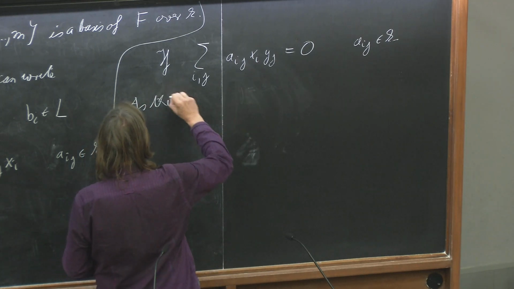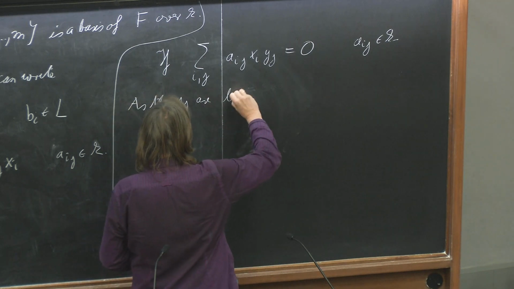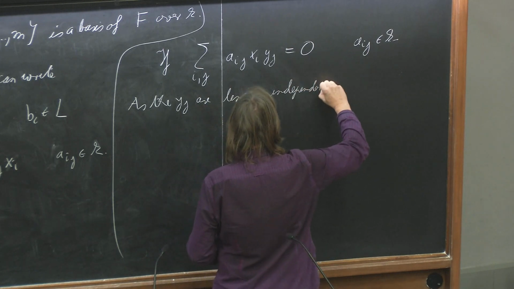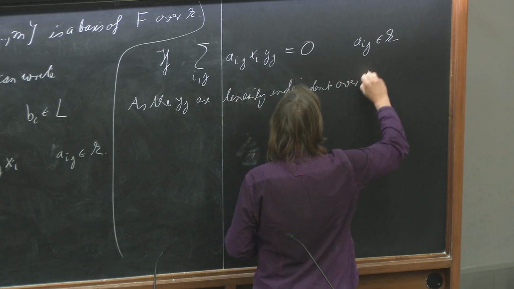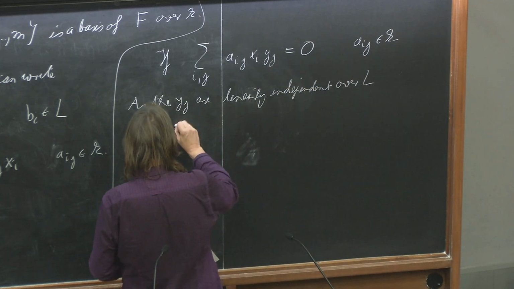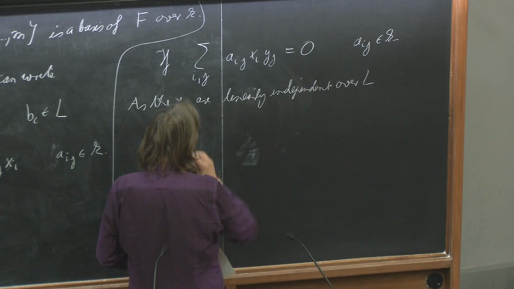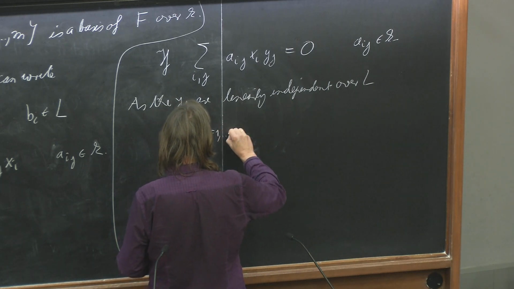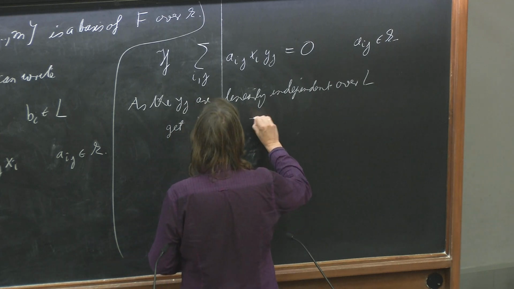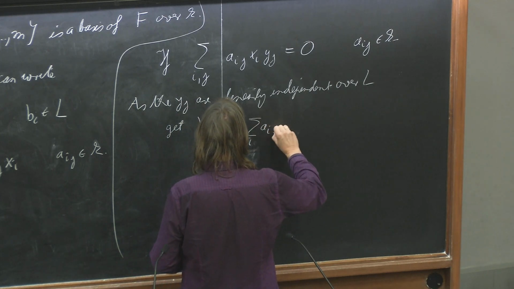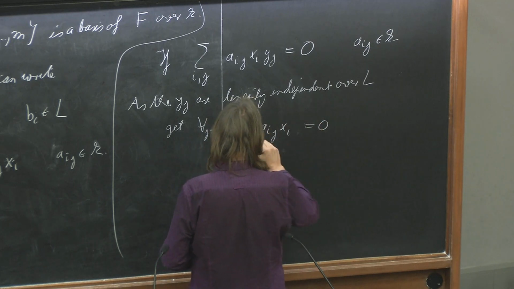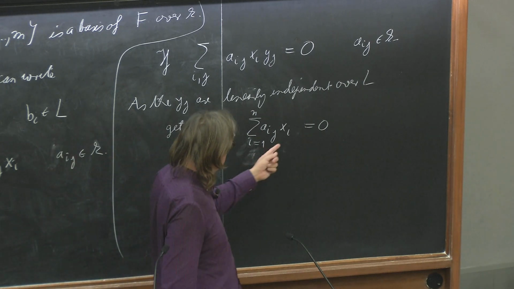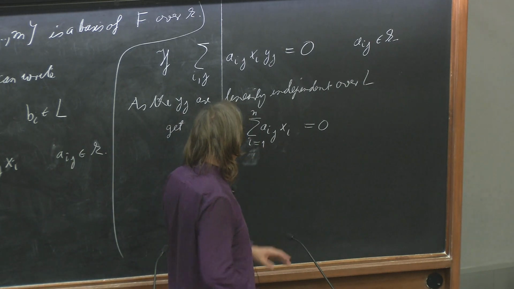So for all j from 1 to m, we have that the sum over i of aij xi is equal to 0. And now, obviously, we use that the xi are linearly independent over K.